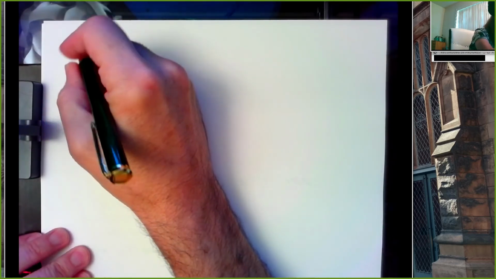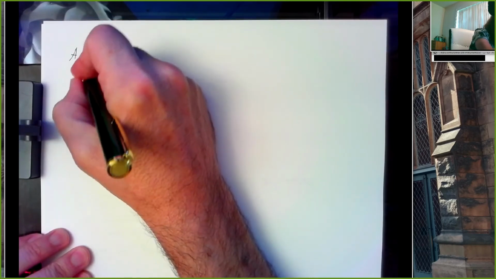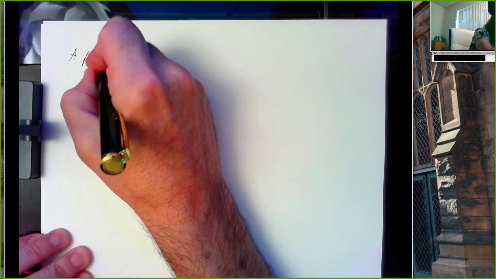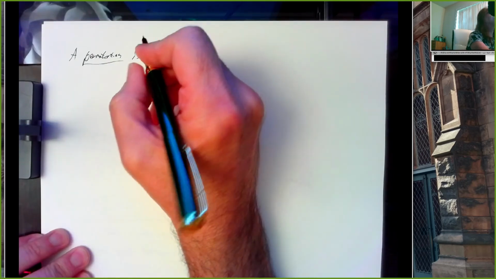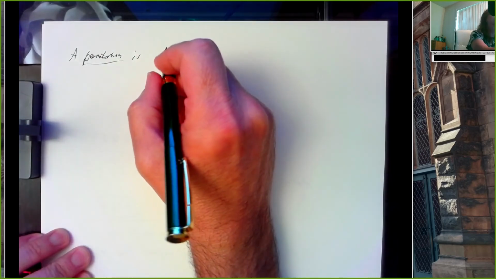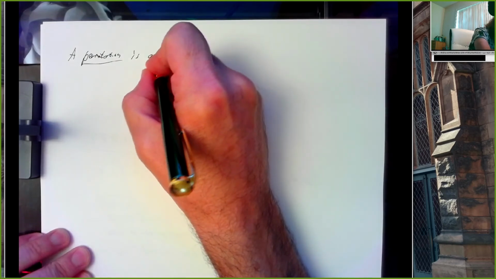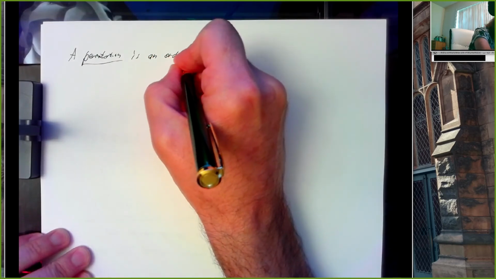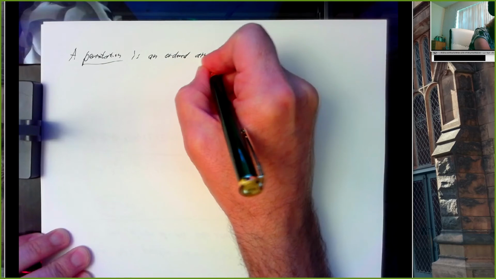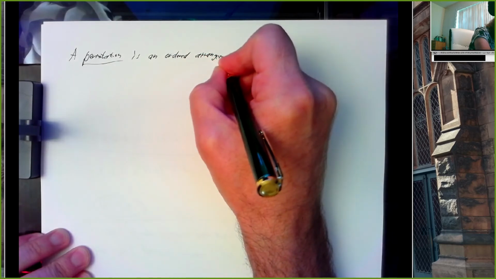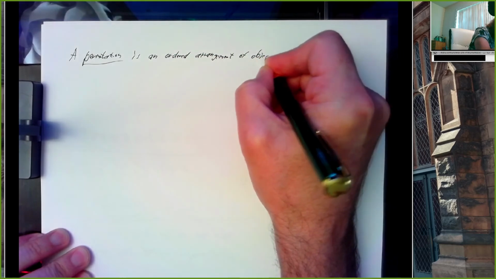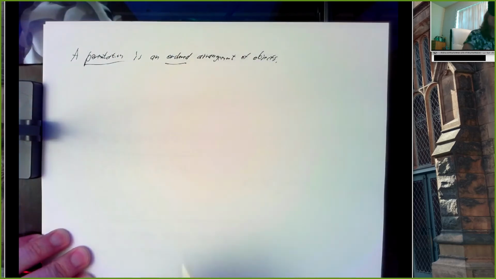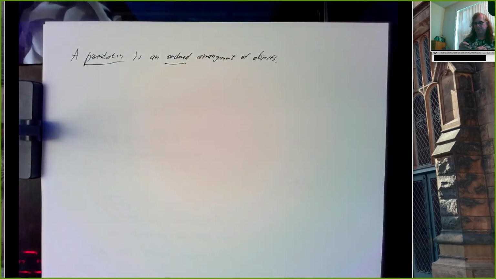A permutation is an ordered arrangement of objects. And the ordered part is going to be critical.